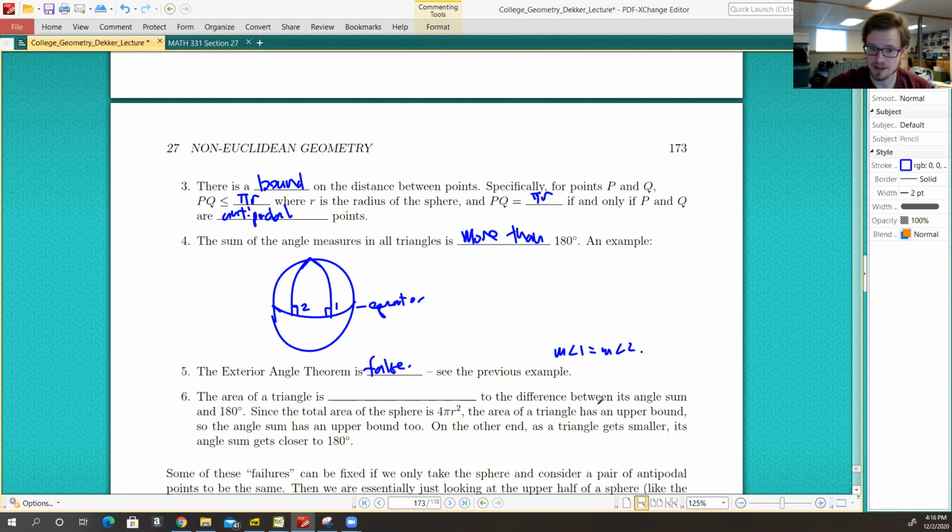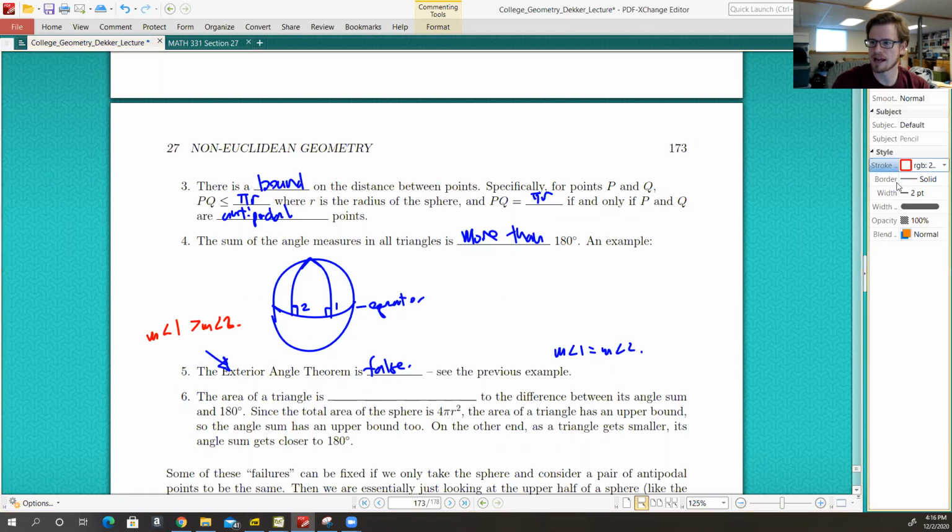But the exterior angle theorem wants us to have that the measure of angle 1 is greater than the measure of angle 2. That's what the exterior angle theorem would say.